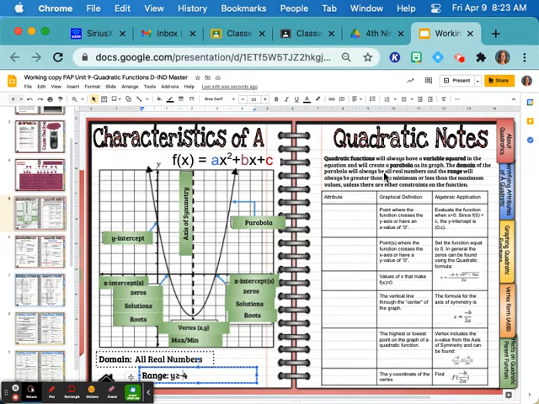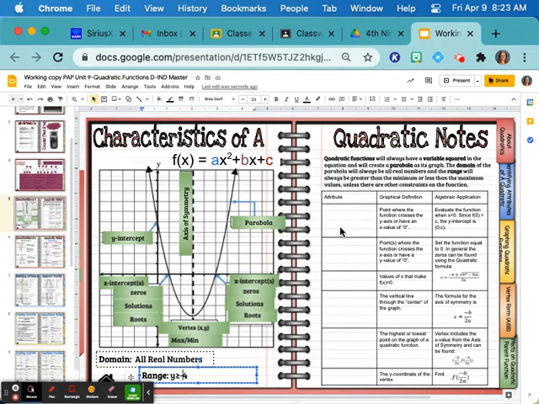The domain will always be all real numbers. The range will always be greater than the minimum or less than the maximum, unless there are other constraints in the function. So since we have a minimum here, it's going to be greater than that minimum value. So the minimum is at -4, so it's greater than -4.